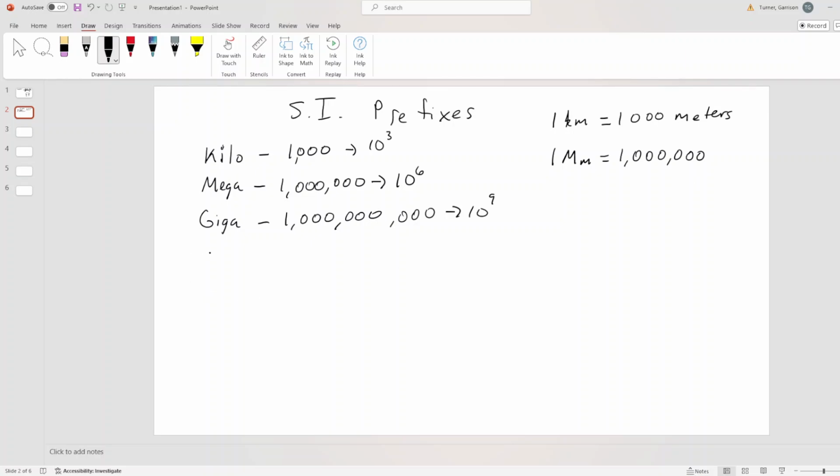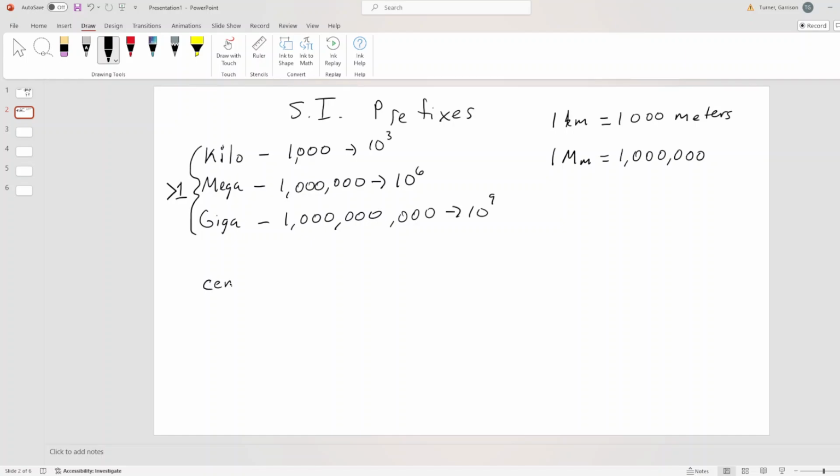But then we also, so all of these prefixes are larger than 1. Okay, so these prefixes are all multiples. However, we also have prefixes that are smaller. So once again, this is not exhaustive, but it is the most common ones.